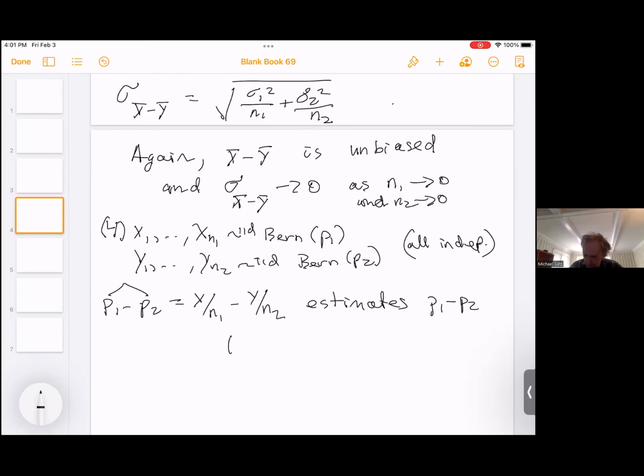Here again, X is the sum of the X's, and Y is the sum of the Y's, and these are binomials.